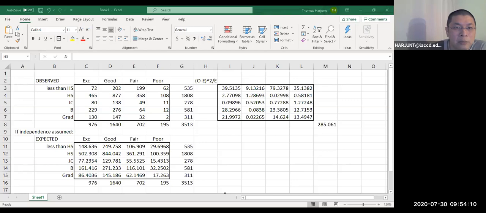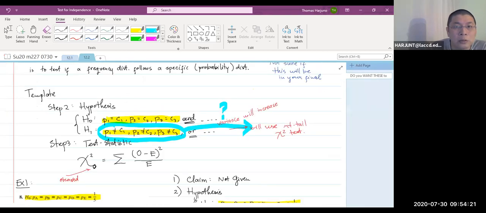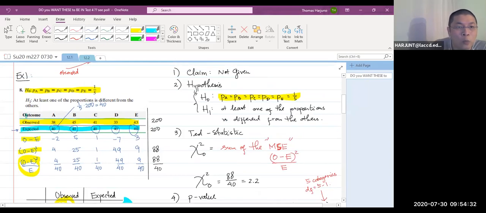Let's go back. Are we looking at the same thing? The only difference is that in goodness of fit, we only have one category, right? One row and then many columns.